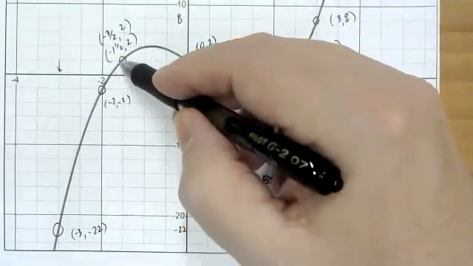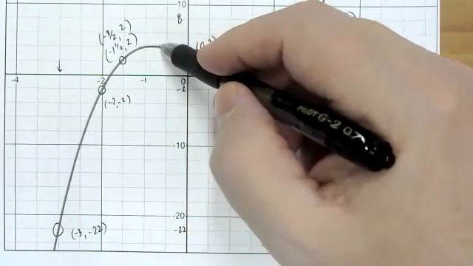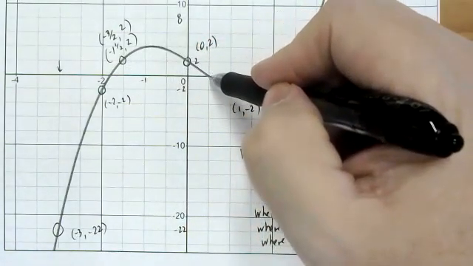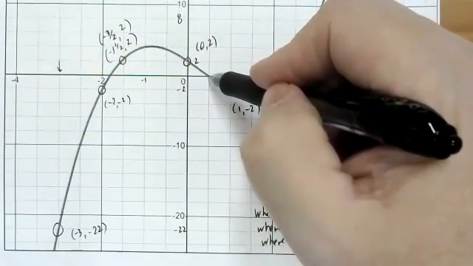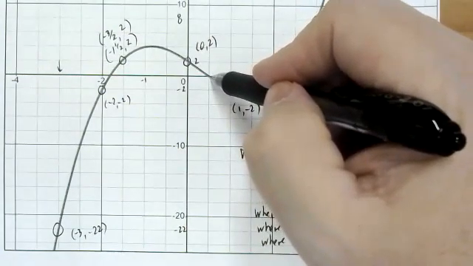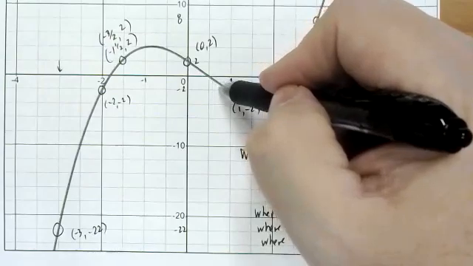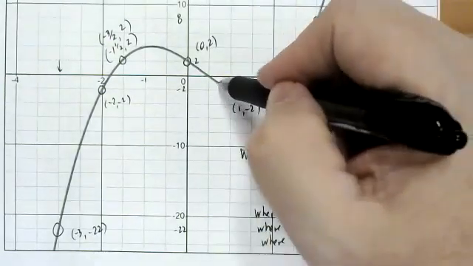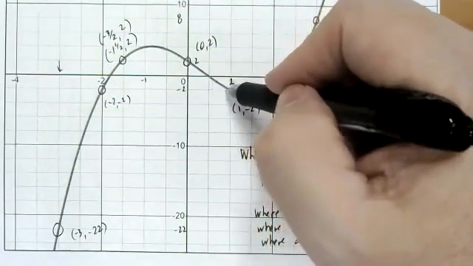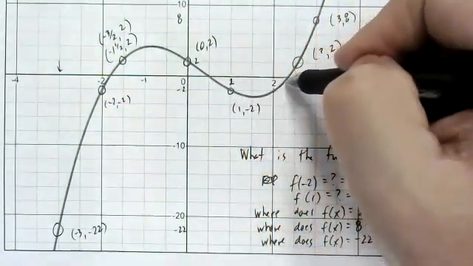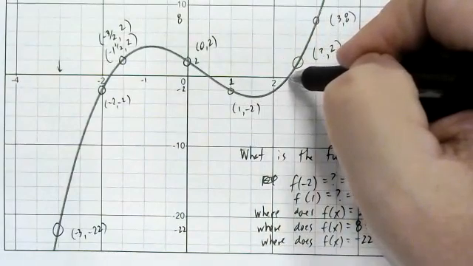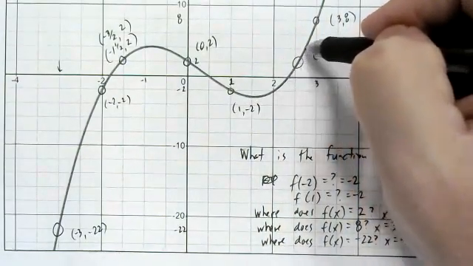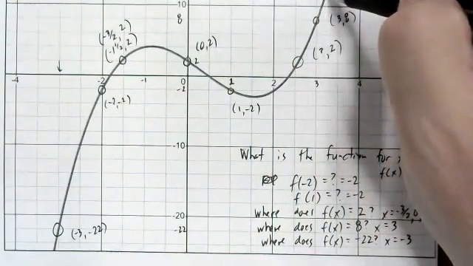So the function is positive here, all the way here, until I cross the x-axis again. And then the function goes negative because once again, the vertical axis is the value of the function. So this little part's negative. It crosses the x-axis again. And from here on out, the function is positive.